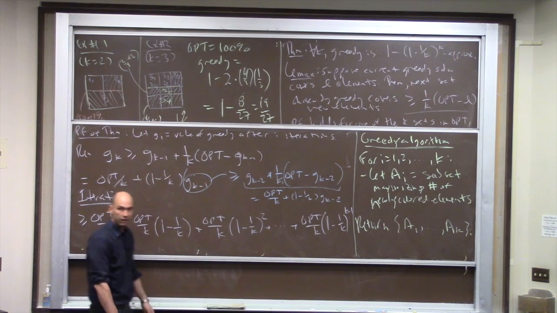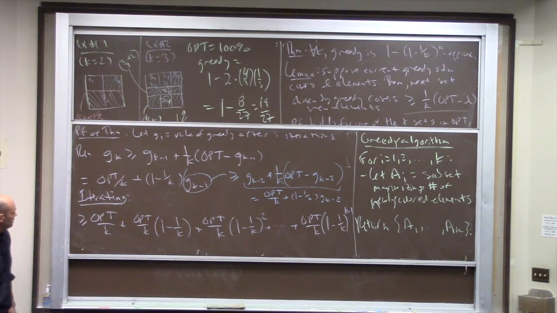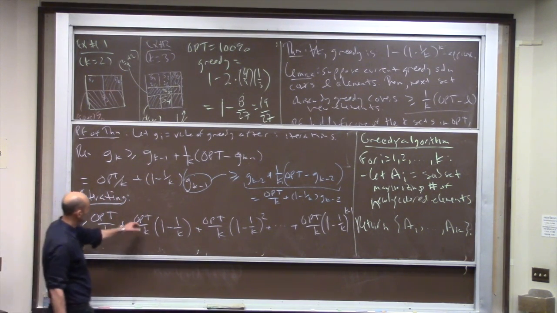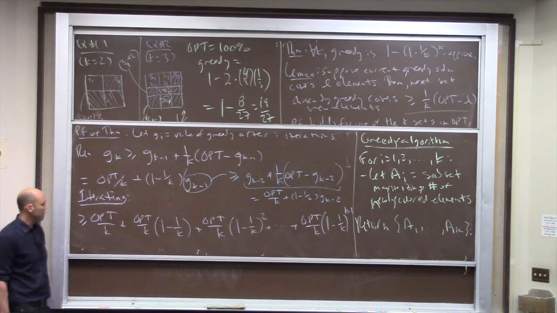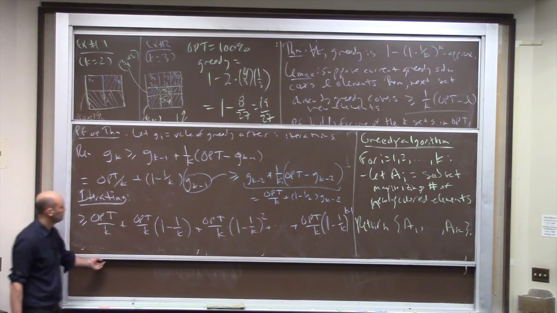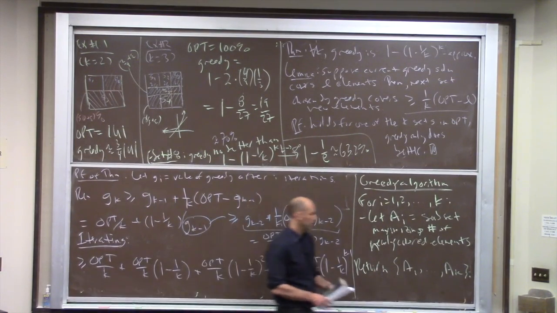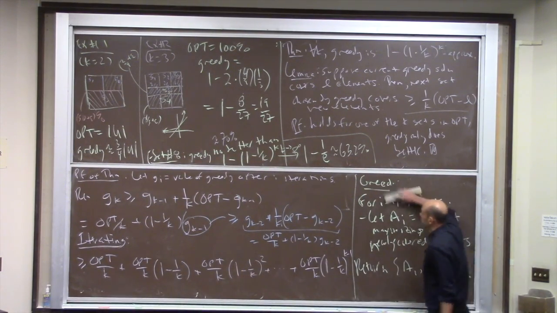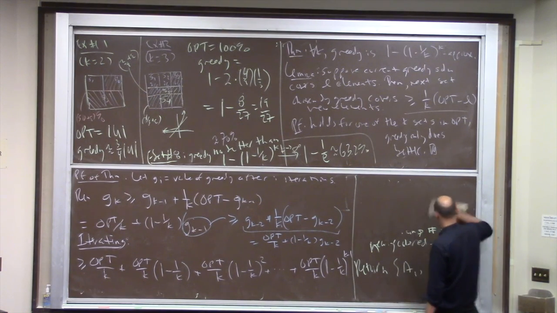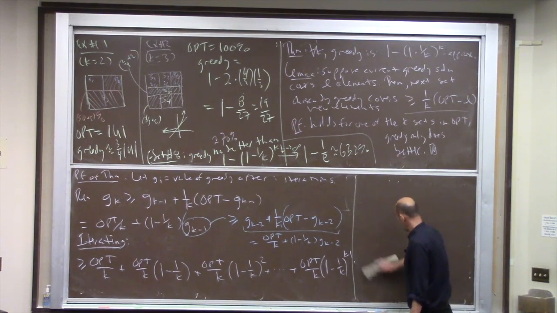Okay, and then we just keep iterating. So every time you apply the lemma, you get another term opt over k, but the 1 minus 1 over k is raised to another power.